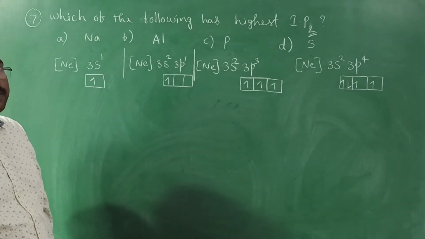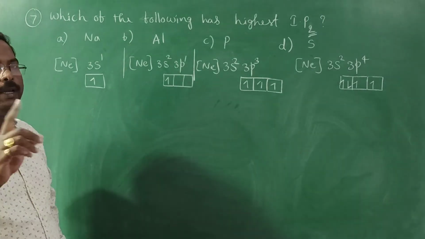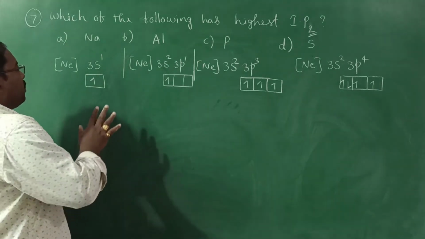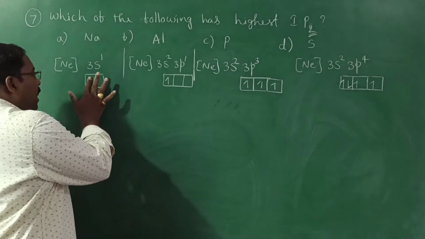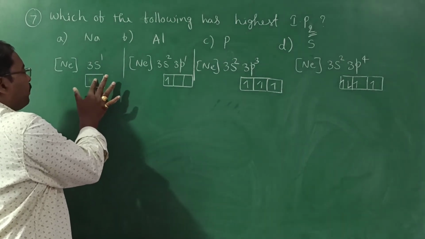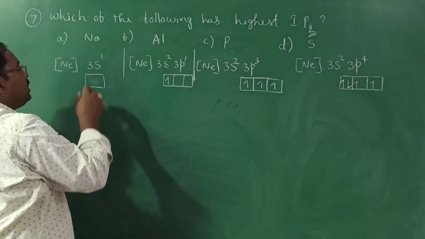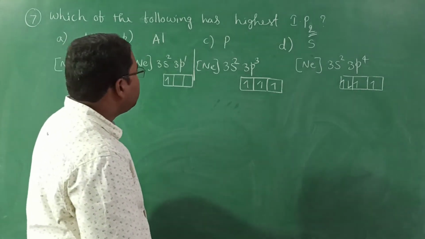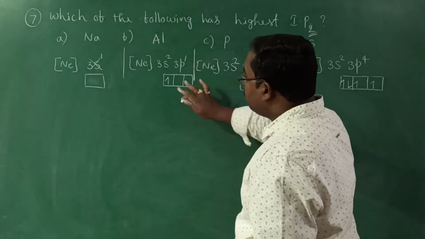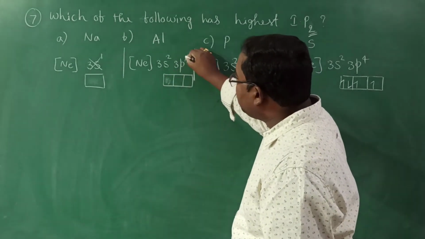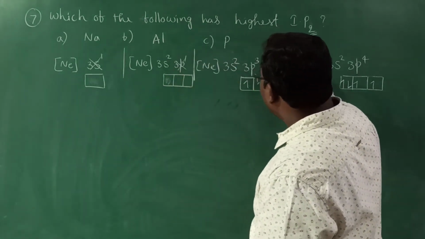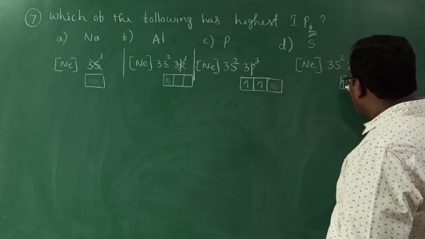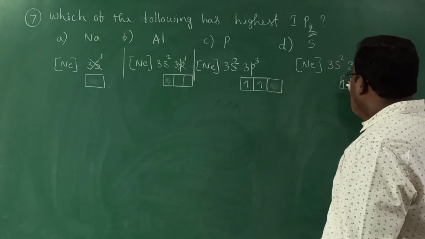Second ionization potential means after removing the last electron. So after losing the electron in the 3p orbital, this is the one.